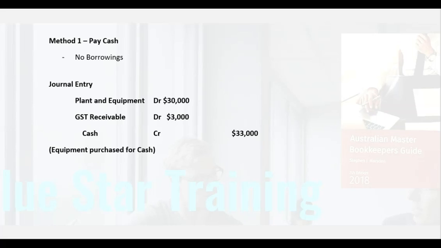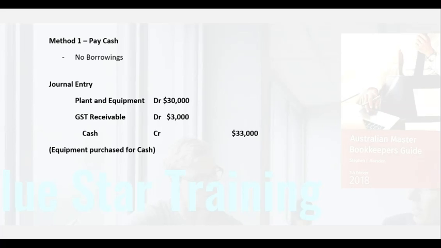Now clearly a way to purchase an asset is to purchase the asset with cash. In other words, you're using the cash reserves of the business. This will not involve any borrowings. The advantage of the option is that the entity is not required to borrow money from a bank or from a financial institution.